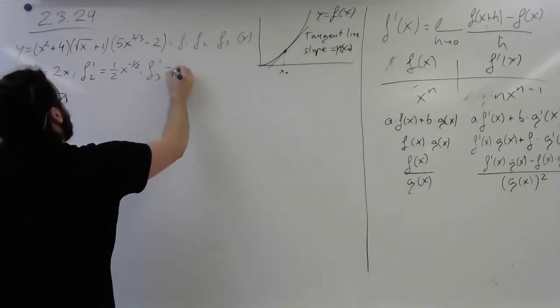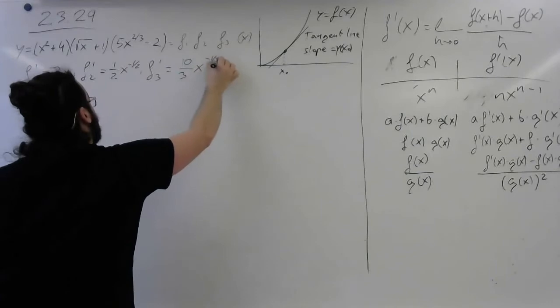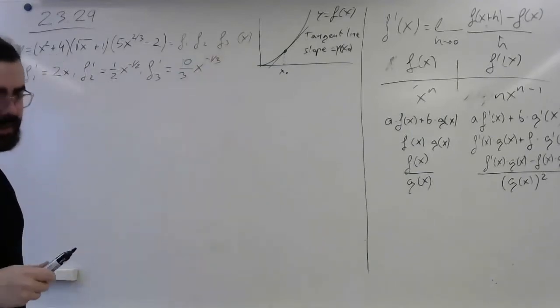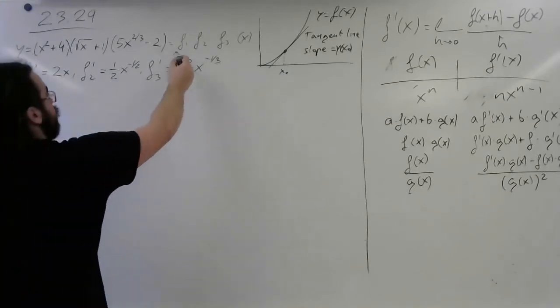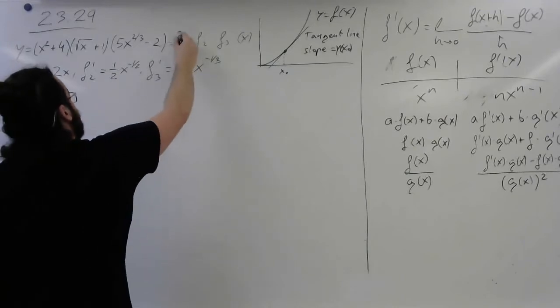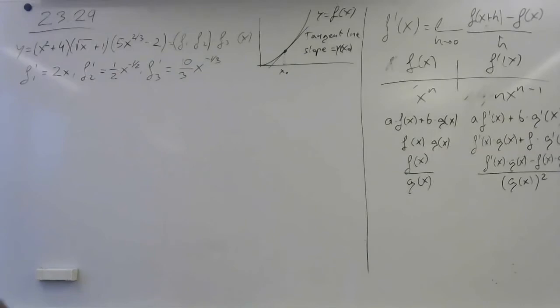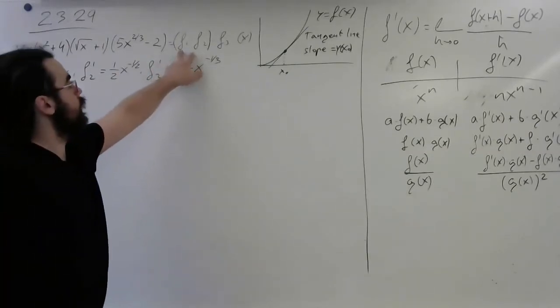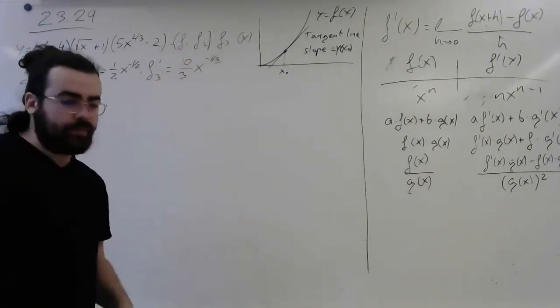F3 prime is this little monster. Now, since we want to calculate the derivative of F1, F2, F3, what we are going to do is we're going to gather it as a product of 2. So our first little monster we're working with is F1 times F2, and then we multiply by F3.